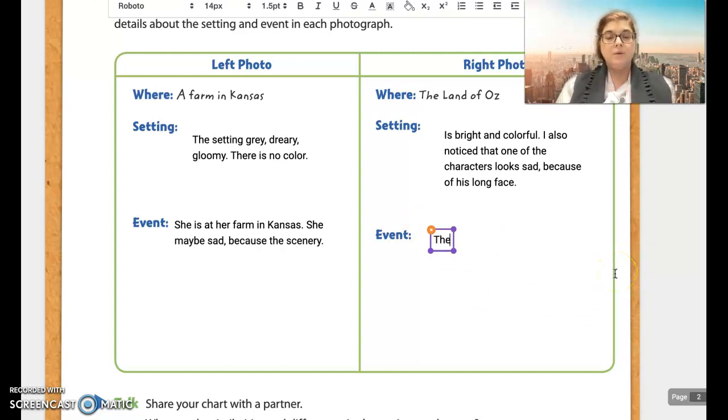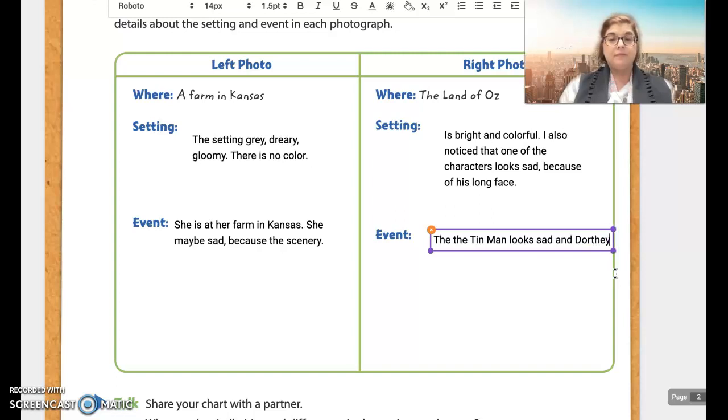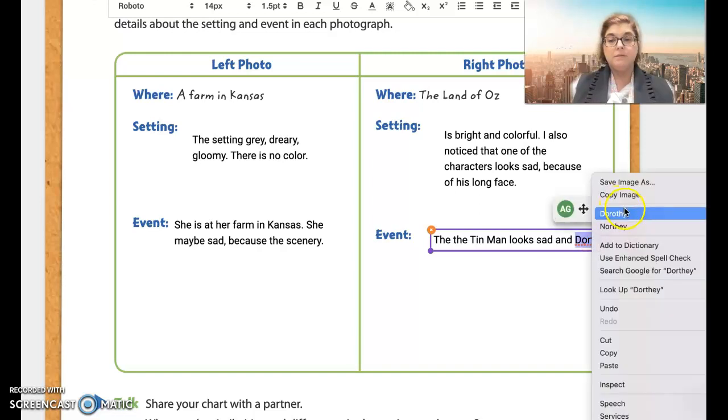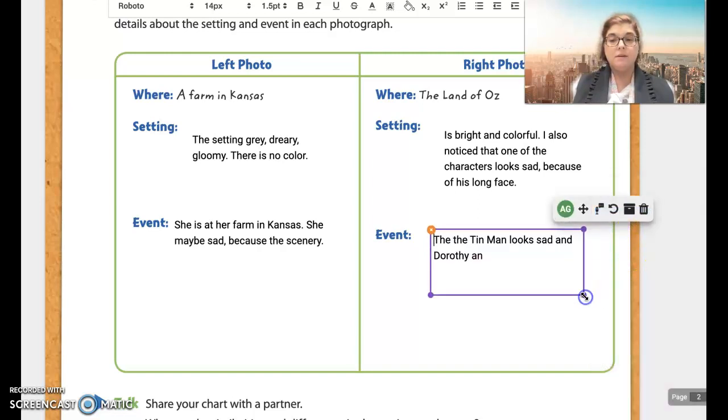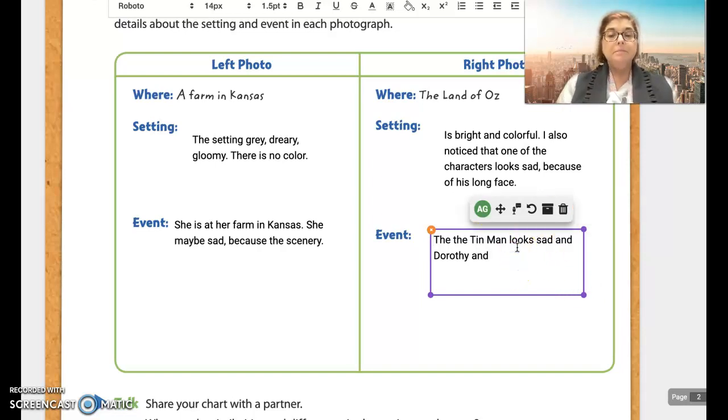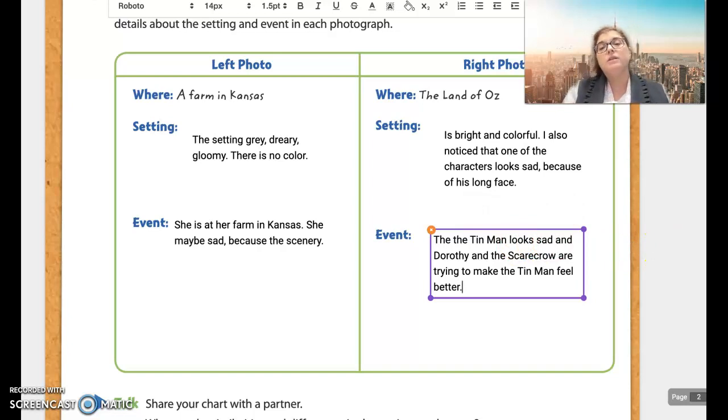The middle character, I know him as the Tin Man, looks sad, and Dorothy, I think it's O, yeah, Dorothy and the Scarecrow are trying to make the Tin Man feel better. Okay, so that's what it looks like to me.